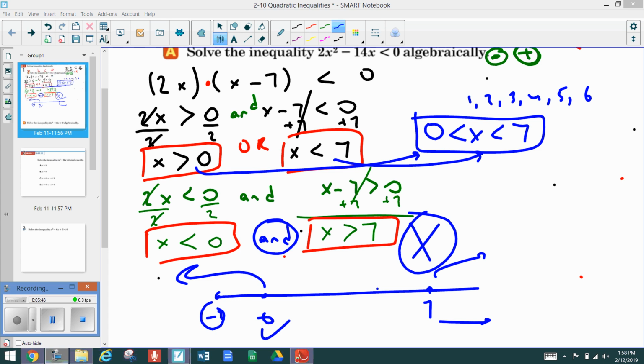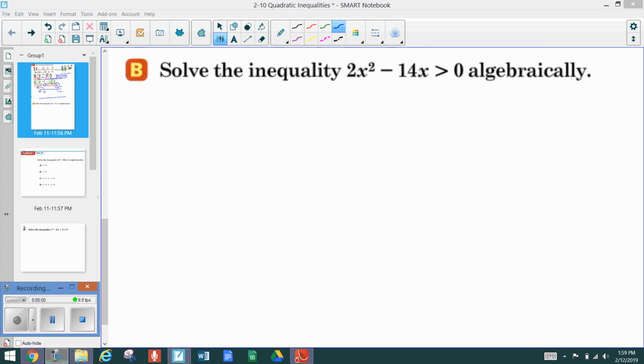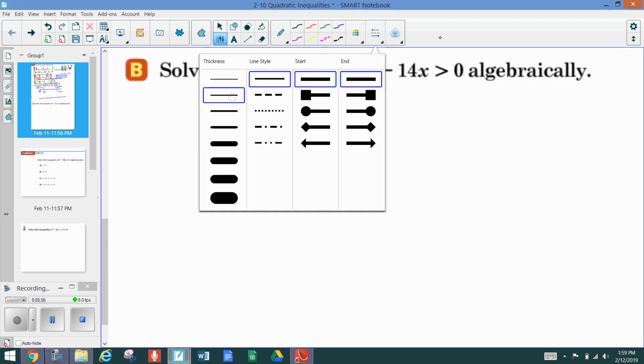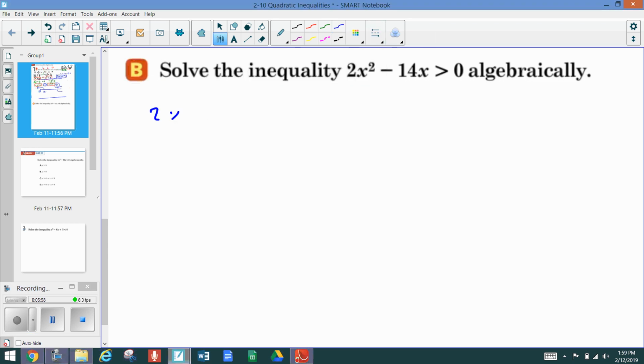that. All right, this is almost the same question, only one sign is different. It's greater than. So we're going to do the same thing. I'm going to take out the greatest common factor, which is 2x. Correct? 2x times x minus 7 is greater than 0, not equal to, greater than 0. So we have how many numbers?